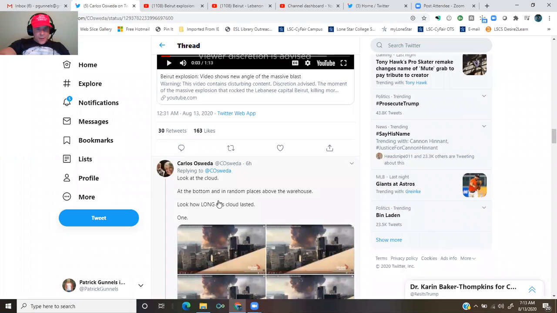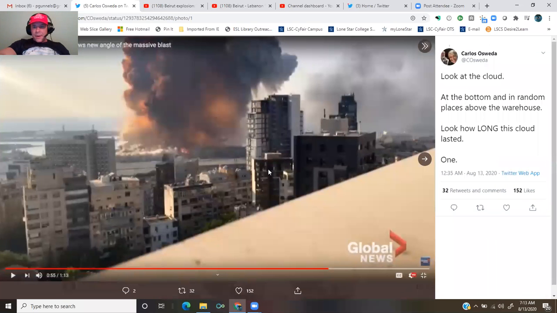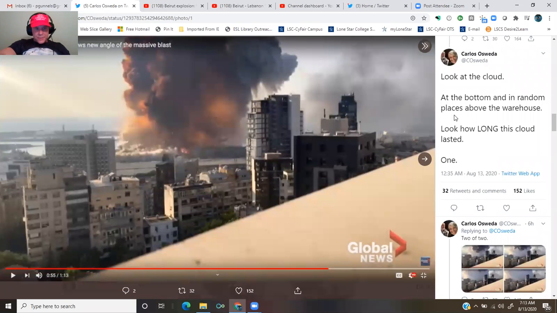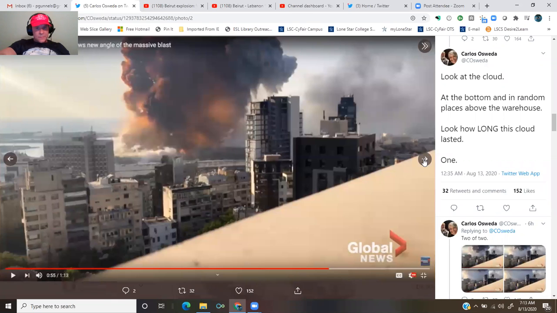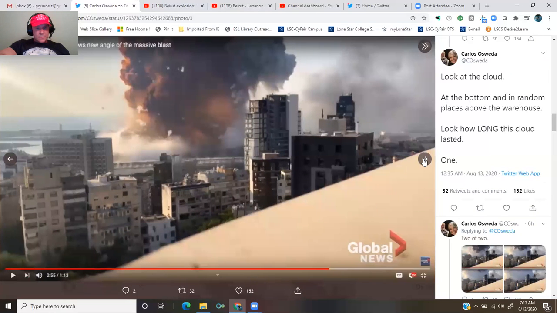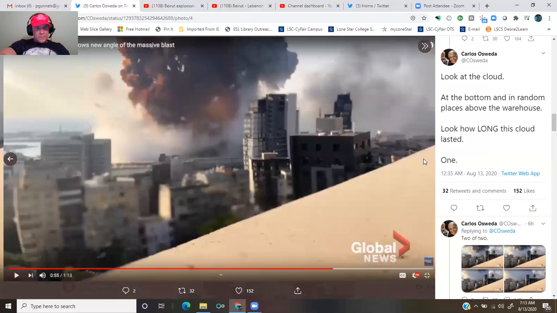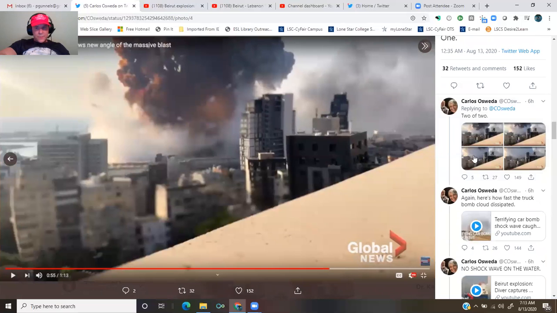Look at the cloud at the bottom and in random places above the warehouse. Look how long this cloud lasted. Two of two.